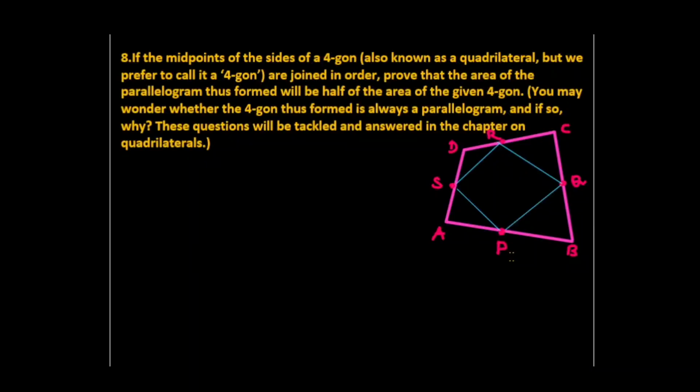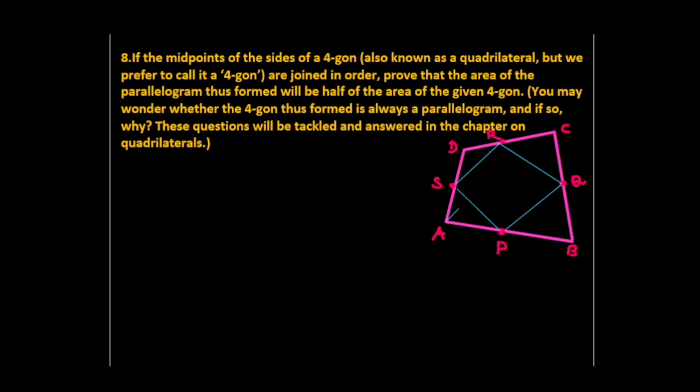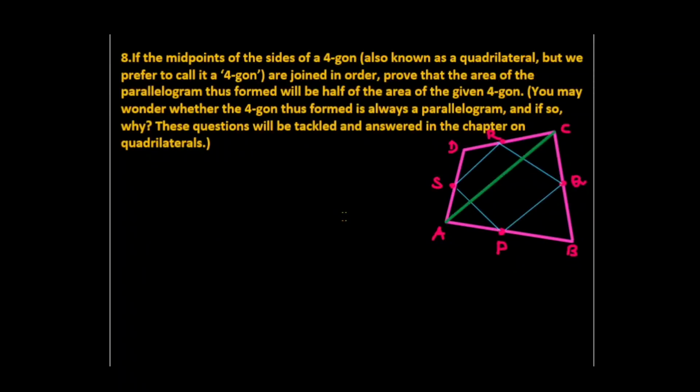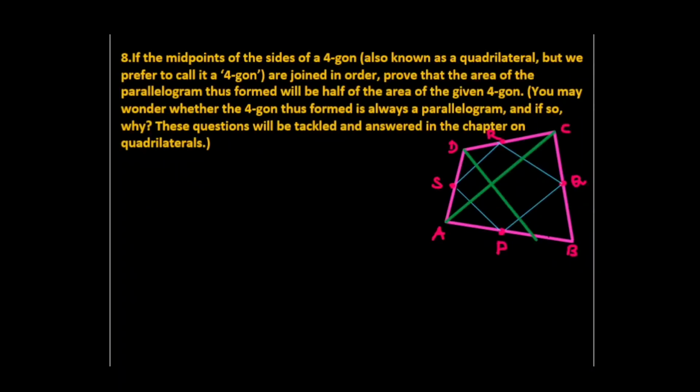If we draw the diagonals of quadrilateral ABCD, this is one diagonal AC and another diagonal BD. These are the two diagonals. The green color lines are the diagonals. The blue is the quadrilateral joining the midpoints, and ABCD is the original quadrilateral, in pink color. Now here consider the triangle.